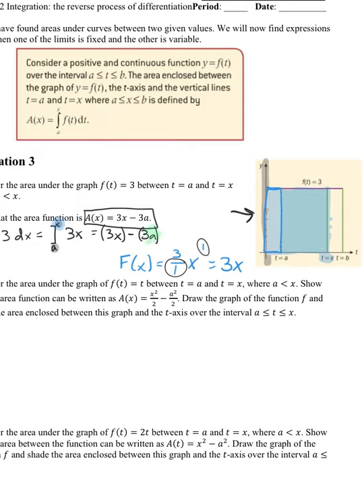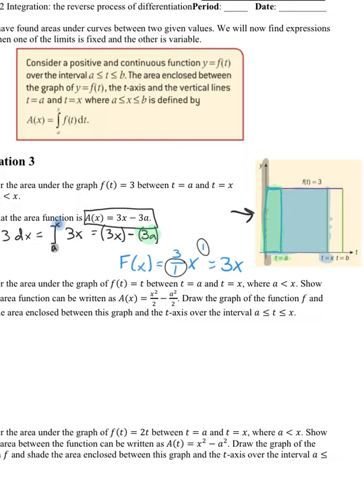And that subtraction is the minus 3a, because when I do t equals a, it's going to take everything from here over, and it's going to subtract that part out. That's the whole idea with integration. When I'm doing a 3x minus 3a, that's exactly what's happening. I'm taking the whole thing all the way back to the y-axis, and then I'm subtracting just the second part.